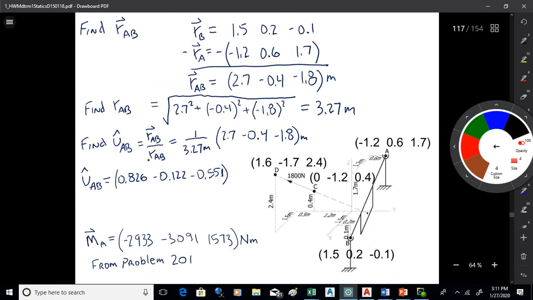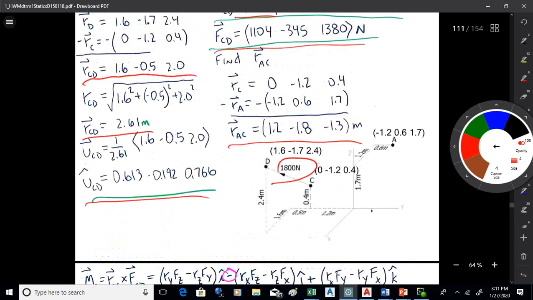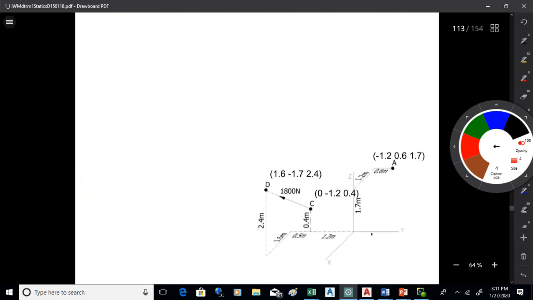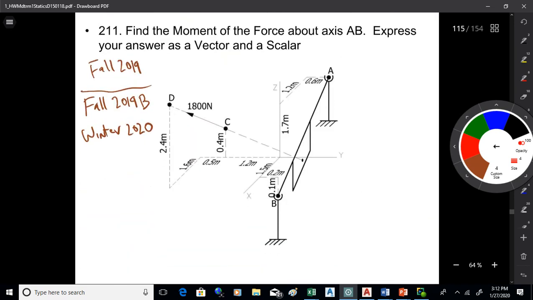The process will be to take that moment vector, minus x, minus y, plus z. I'm just going to try and sketch it: minus x a little bit, minus y, plus z about half as much.